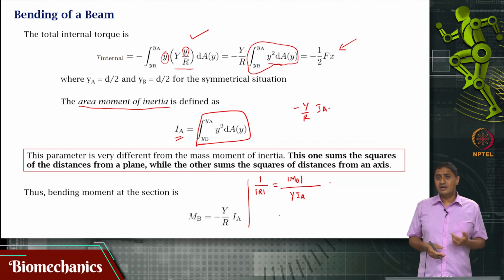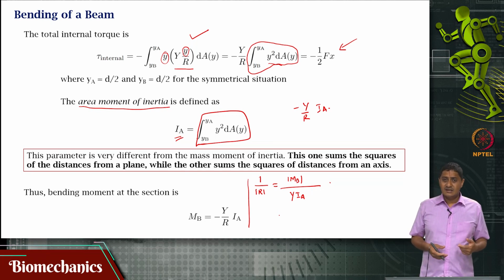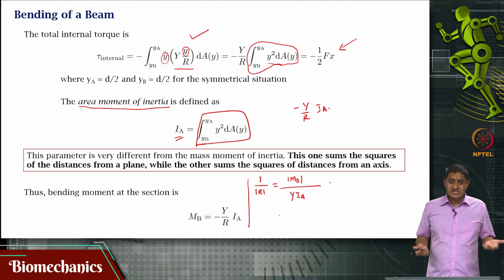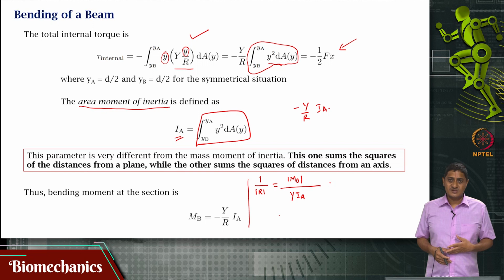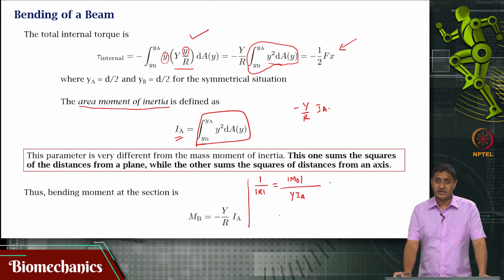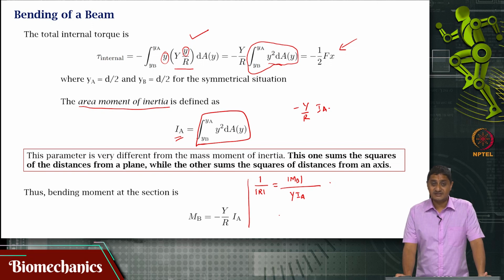Then the relationship is essentially a relationship between the shape of the object, which is IA, and the amount of bending that is seen in the object, which is R, right. For large area moment of inertia, bending is very little, and for small area moment of inertia, bending is very high based on this relationship.